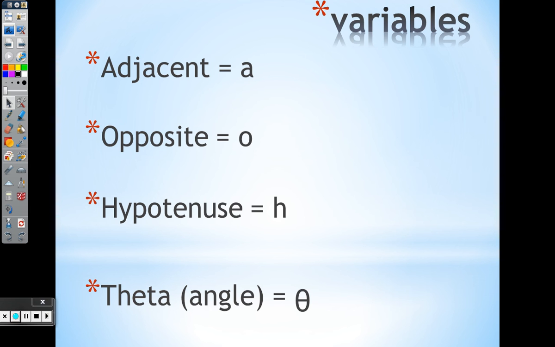So here's what you're going to do. We're going to use tangent. You have the sin, the cos, and the tan. Those are your 3 trigonometric functions. So hit tangent of 45 and hit enter.